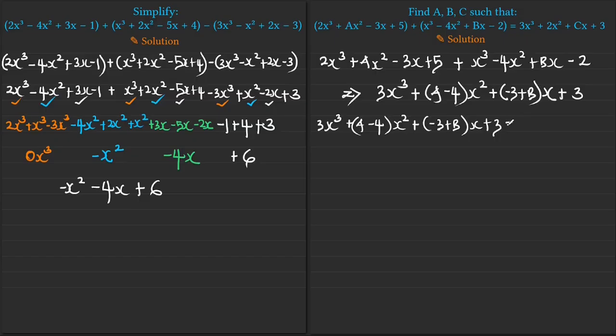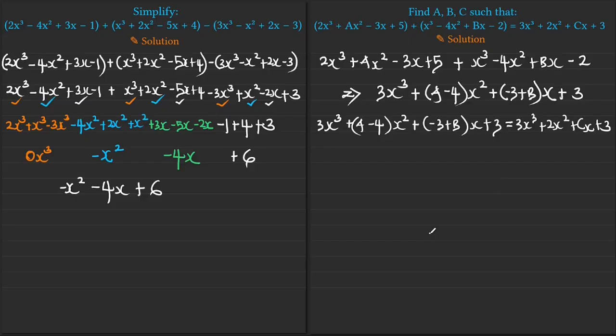We are saying it is equal to this we have here, which is 3x cubed plus 2x squared plus cx, and then plus 3.